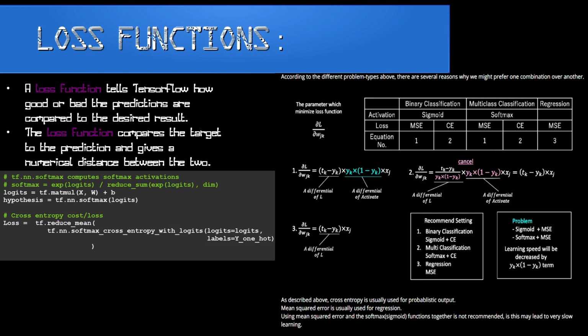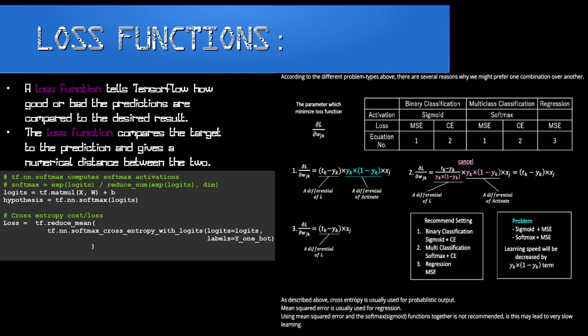So if you are using a computational graph for binary classification and you use a sigmoid node activation, then you have equation number 1, that is, ∂L/∂w_jk = (t_k - y_k) * y_k * (1 - y_k) * x_j. Then you need to use a loss function of mean square error.